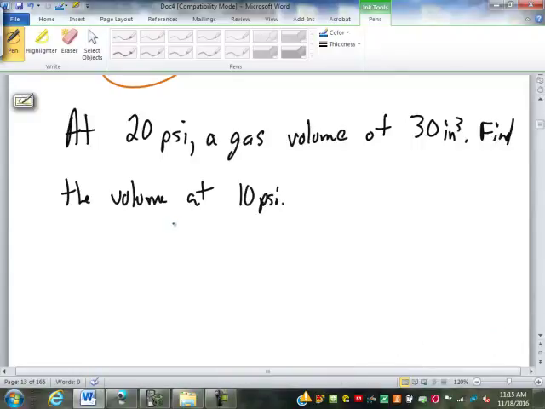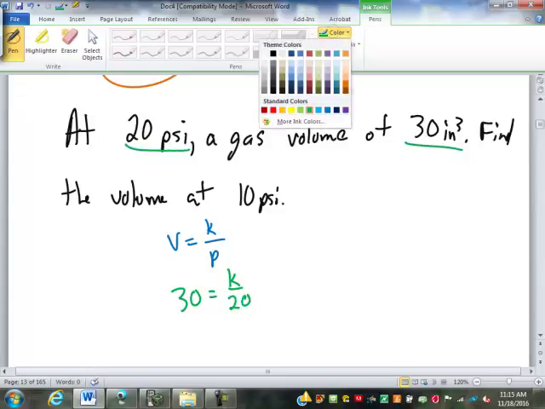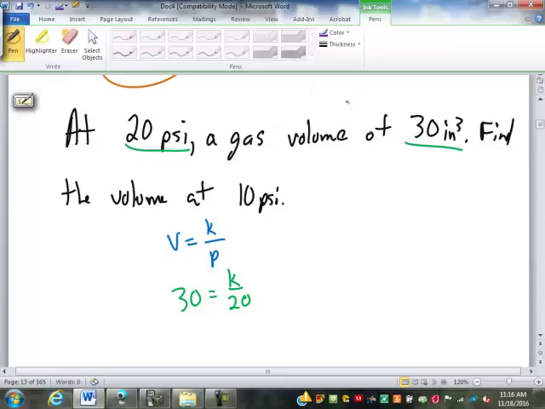So we know this is an inverse relationship. The volume is equal to a constant divided by the pressure. So we put in 30 is our known volume when the pressure is 20 psi. So now we solve for K by multiplying by 20 to get that 600 equals our constant.